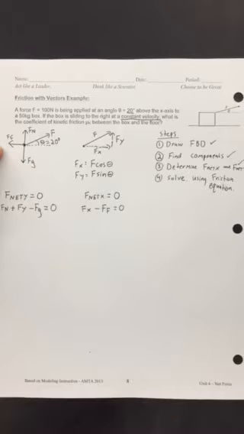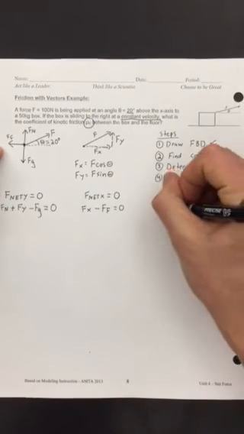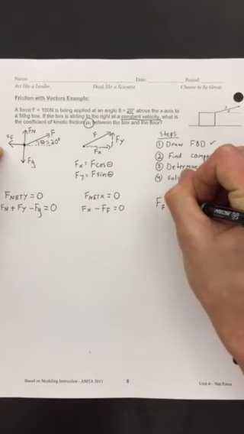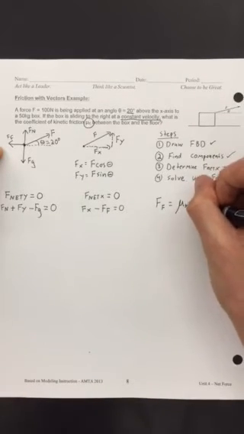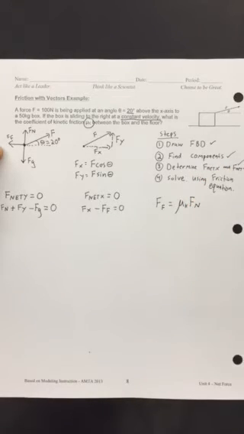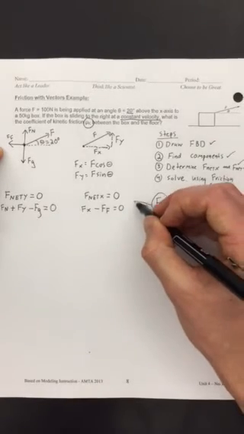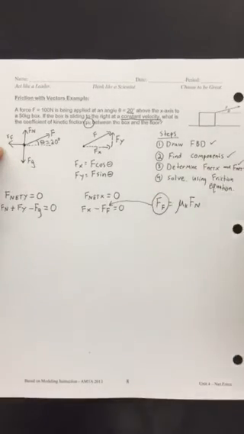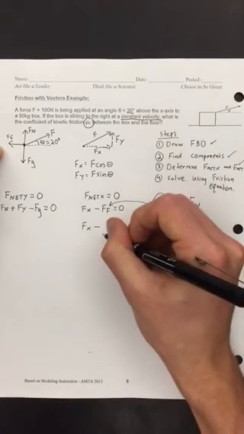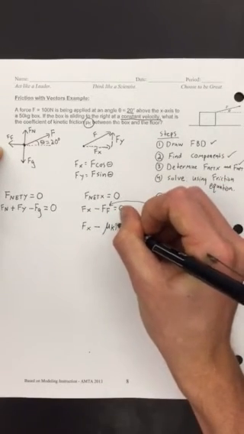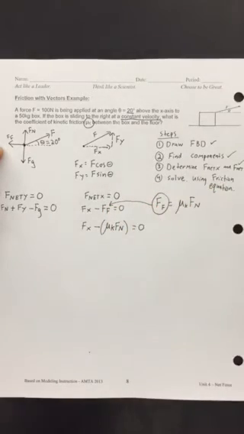Now I think about what the question is asking me for. It's asking me to find the coefficient. I know that my formula for friction is the force of friction equals the coefficient times the normal force. So I'm going to take this whole thing here and substitute it into this equation. So the x component minus the coefficient multiplied by the normal force equals 0.